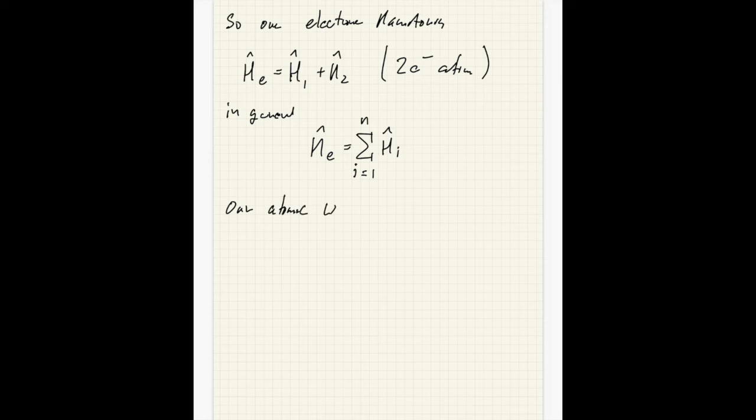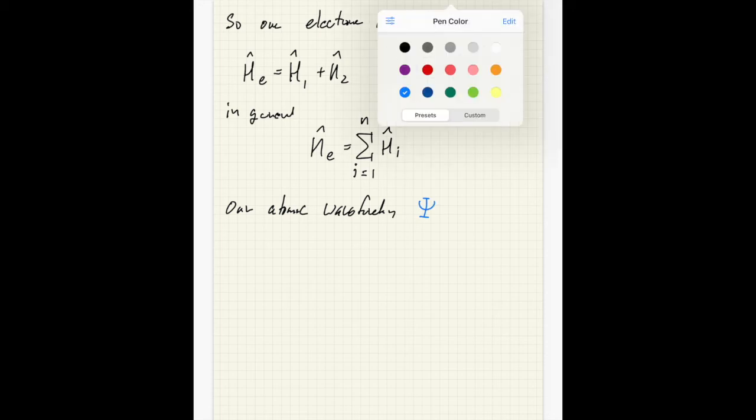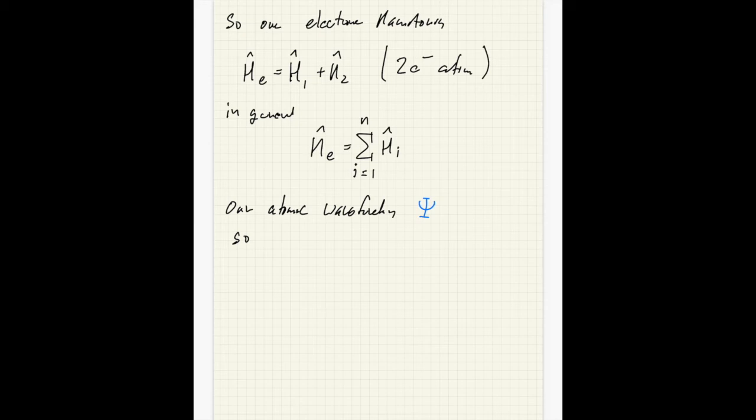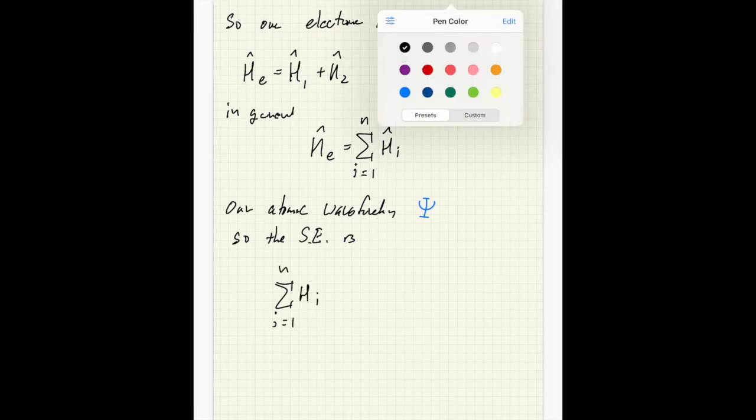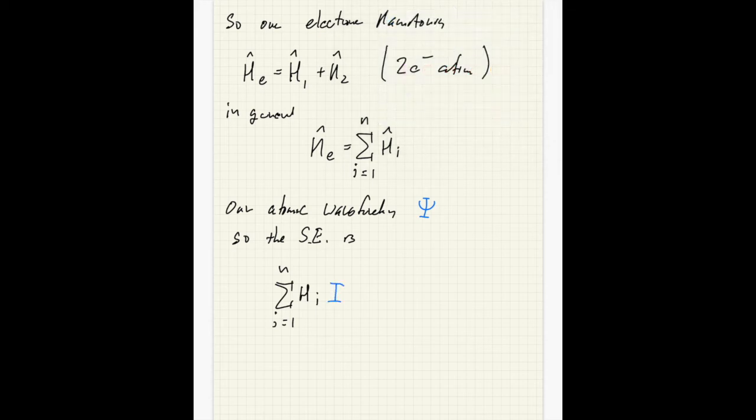Okay, so with the Hamiltonian taken care of, we should look at what happens to our wave function. We're going to use the fancy psi for the time being because we're going to have this for multiple electrons. So our Schrödinger equation becomes the sum of each of the individual electron Hamiltonians operating on the atomic wave function, and this is going to be equal to the sum of the energy of each of the electrons times the wave function that they started out with, as shown here with the energies in red.